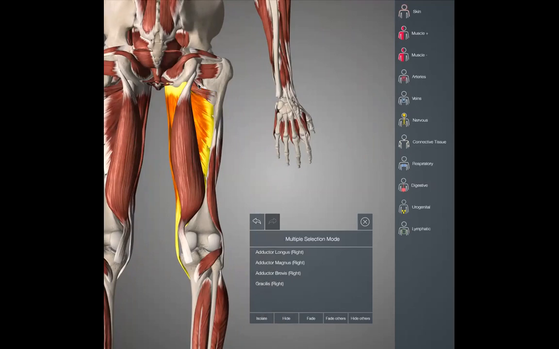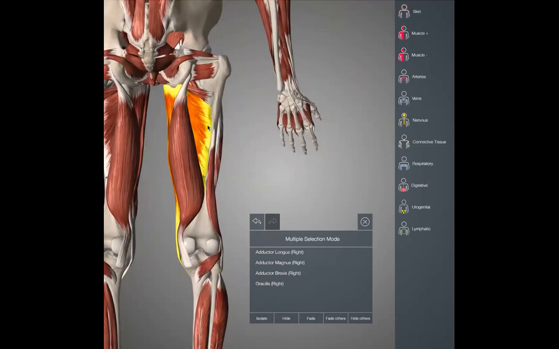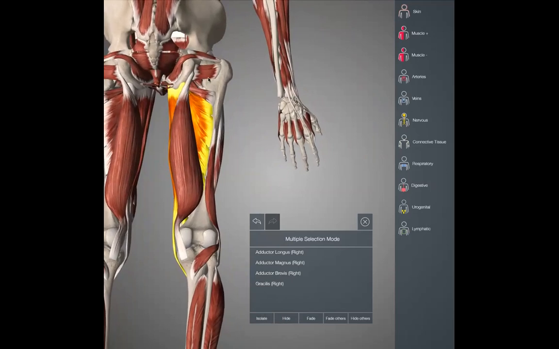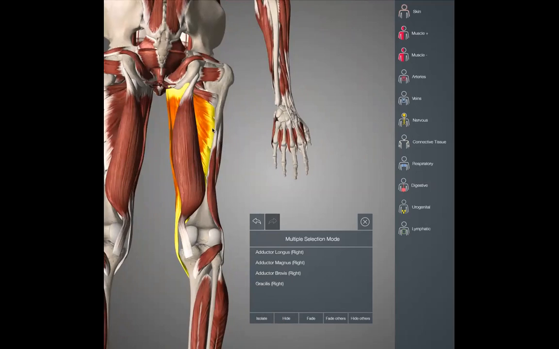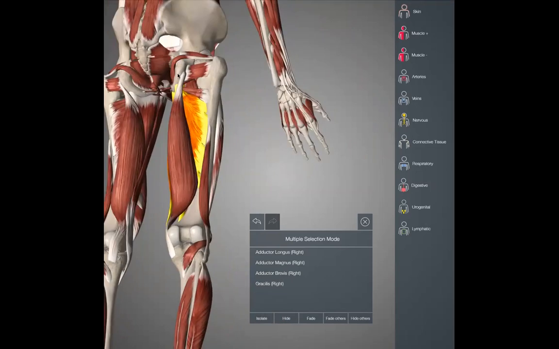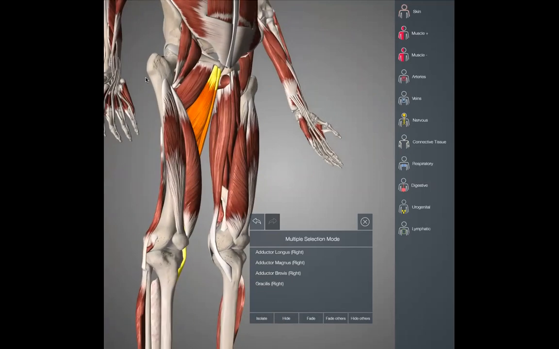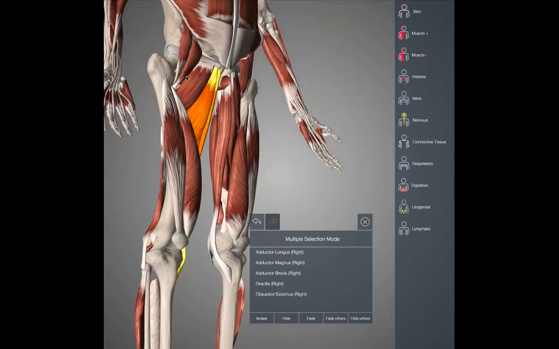Oh, that's not the one. Ah, this one. That's the internus. We need the externus. Where is the externus? It's here. I think that's the one. Yes. So we have adductor magnus, adductor longus, adductor brevis, obturator externus, and gracilis.